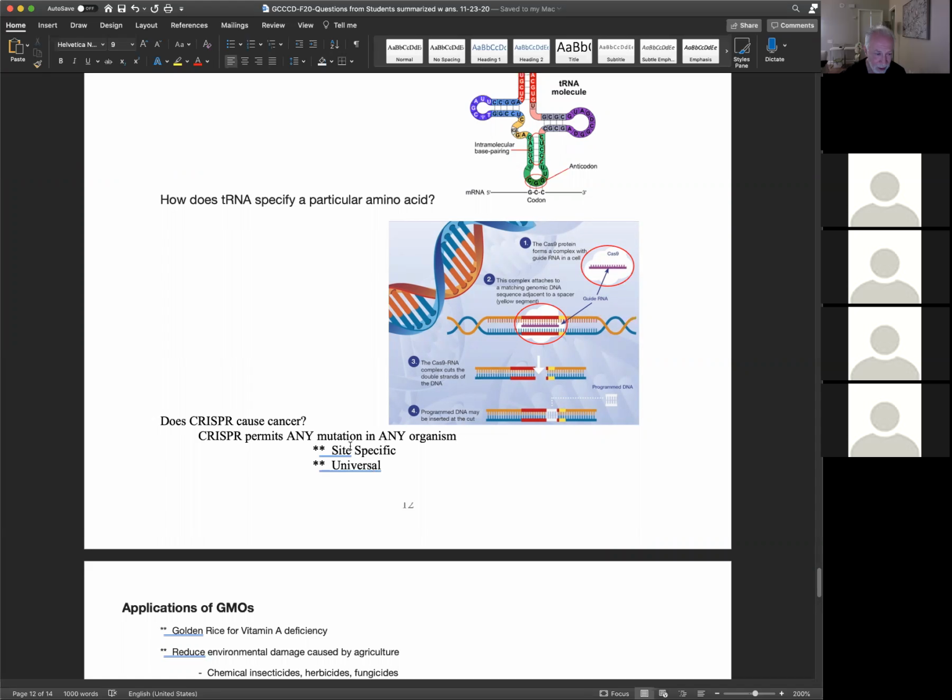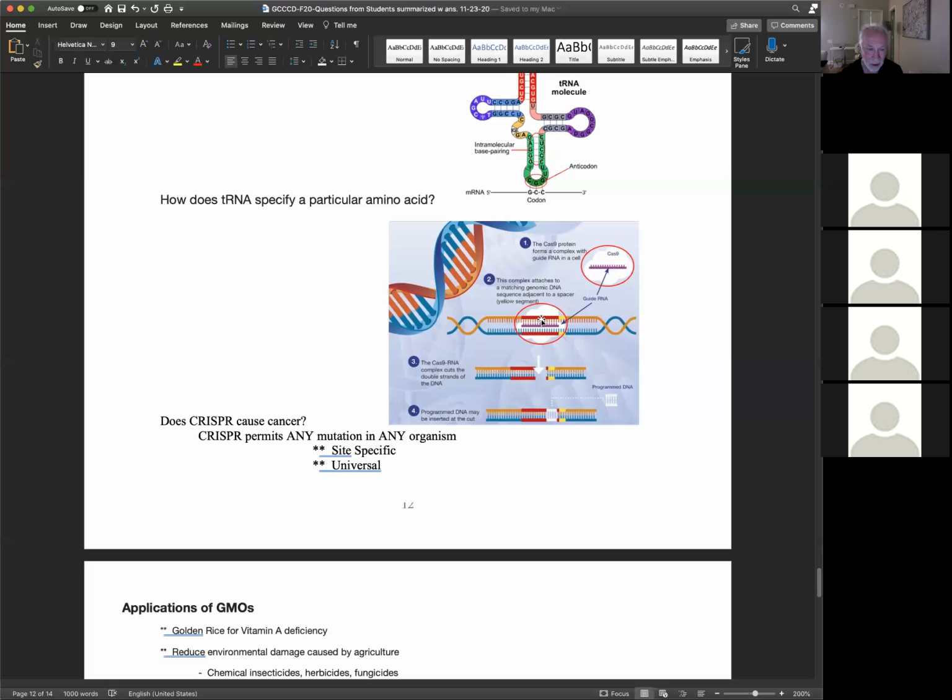And it's this site specificity that is one of the remarkable things about it. And how does that happen? Well, to remind you, to start CRISPR, you make a guide RNA. You synthesize this in the lab, and it's like a 15 base pair RNA, which is specific to the site in the genome that you want to mutate.